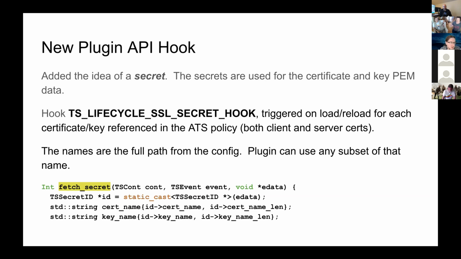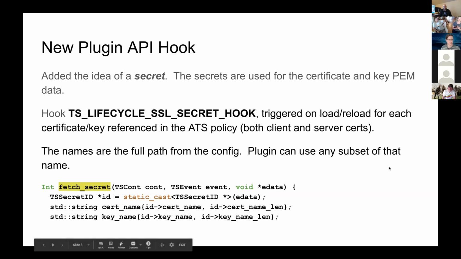The names that are getting passed into the hook are the full path of that name in the config. And as a plugin, you can use the whole thing and pull things from file. You can use part of it, whatever. So your callback might look like fetch secret here, which has a continuation and an event and some data.